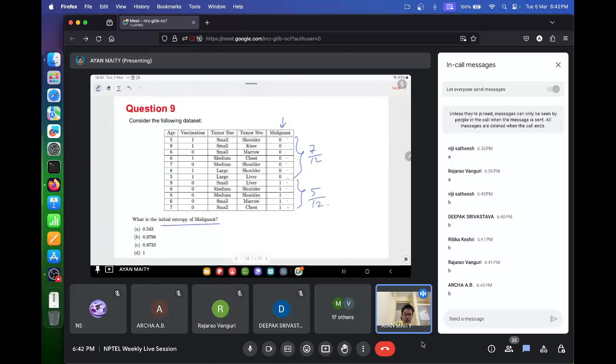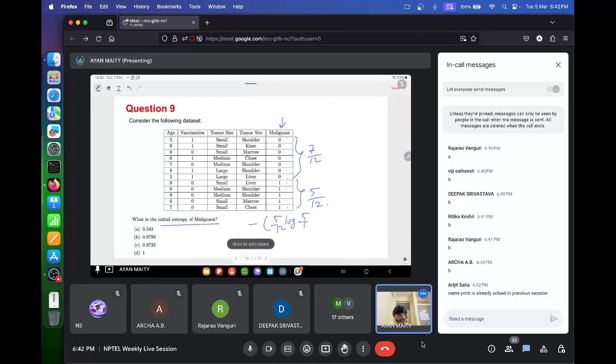So these are 7 by 12 and 5 by 12, and then you have to use the formula for entropy, which is minus 5 by 12 log 5 by 12 plus 7 by 12 log 7 by 12 with base 2. So this will give you the entropy, which is option B, 0.9798.